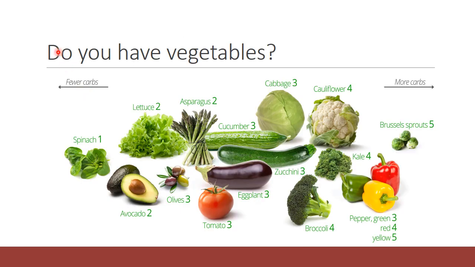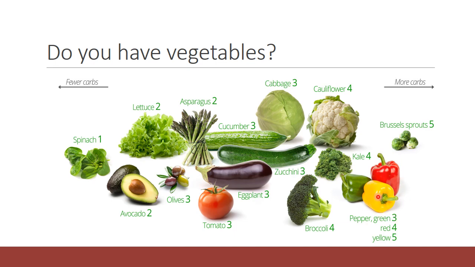Do you have vegetables? Do you have spinach, avocados, olives, tomatoes, eggplant, zucchini, broccoli, pepper? Remember that here we change the name by the color. So we can have green pepper, red pepper, or yellow pepper.